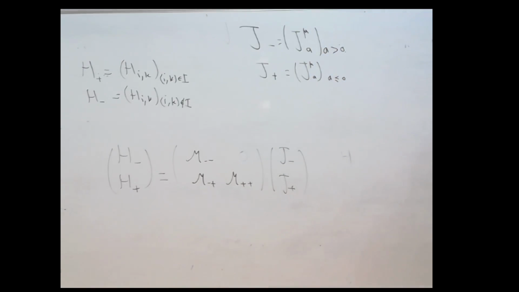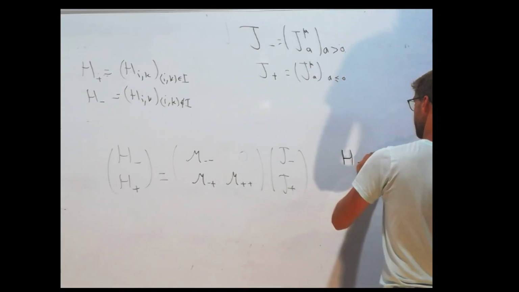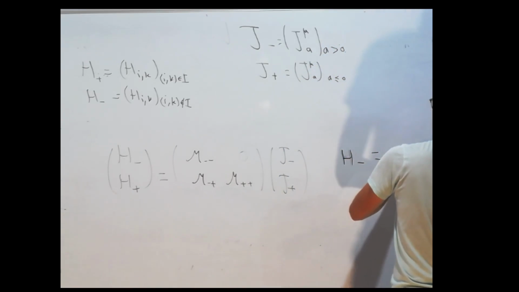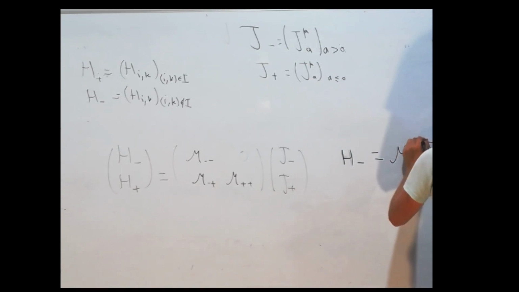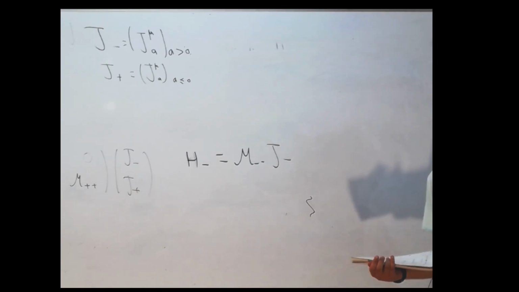I think the markers are kind of starting to run out. This is good. So this tells us that h minus is M minus minus j minus, which is good. But there's still an issue because we don't actually know if M minus minus is invertible. If this were a finite matrix, that would be the case. But it's not. It's infinite. So we do have to actually do something more.